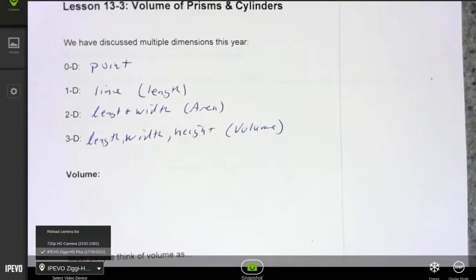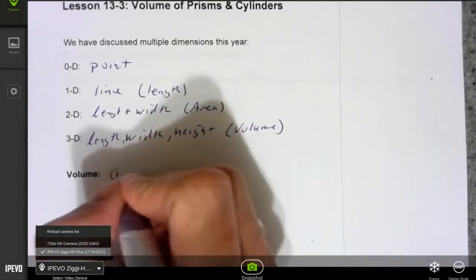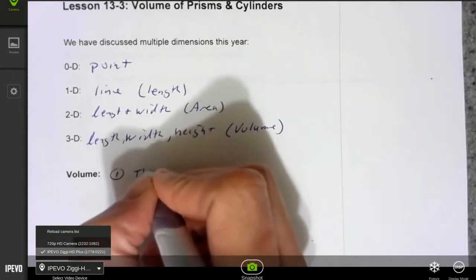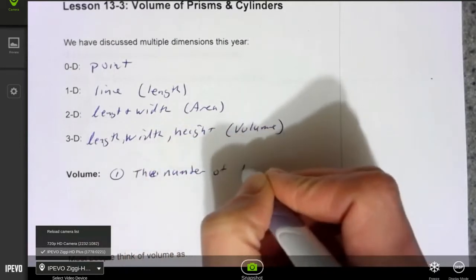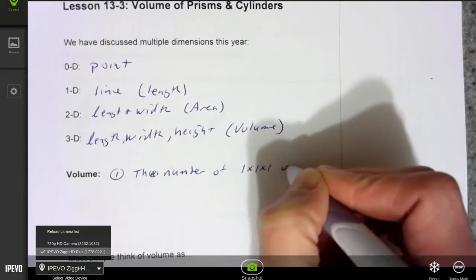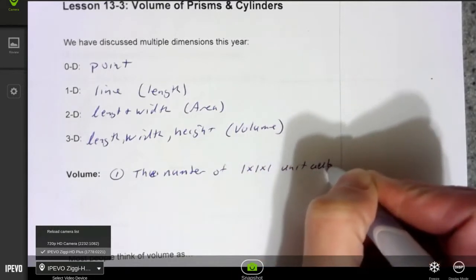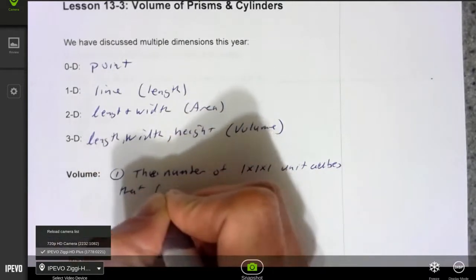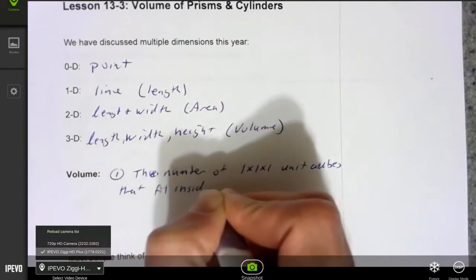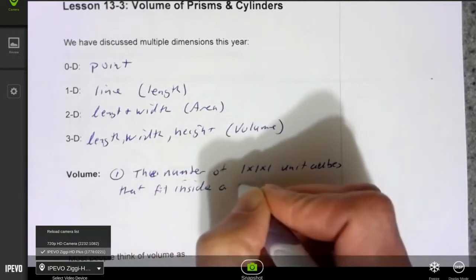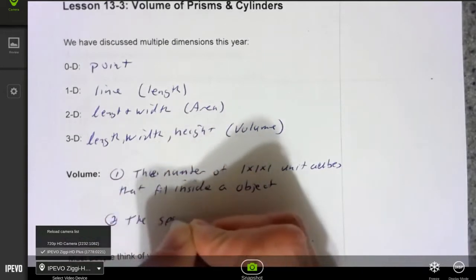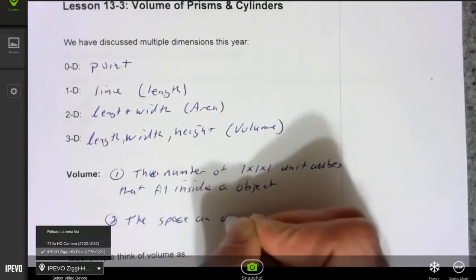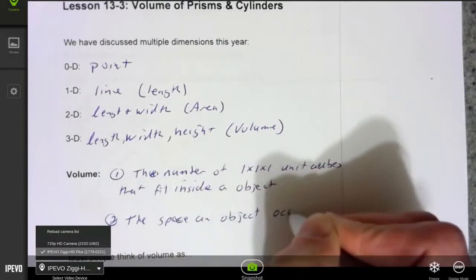Now, these are just words we use. But really, it doesn't have to be length, width, and height. It could be a number of things. So the volume is one of 2 definitions. One is we could figure the volume as the number of 1 by 1 by 1 unit cubes that fit inside an object, or 2, the space an object occupies.